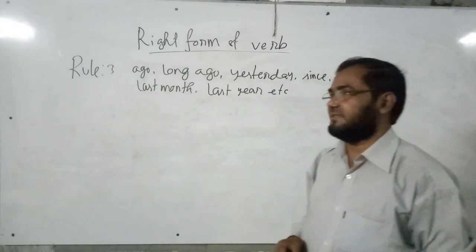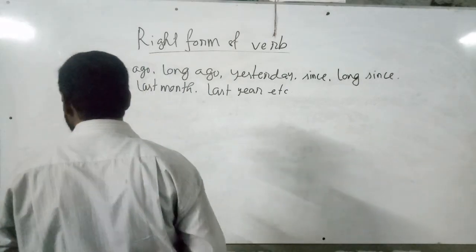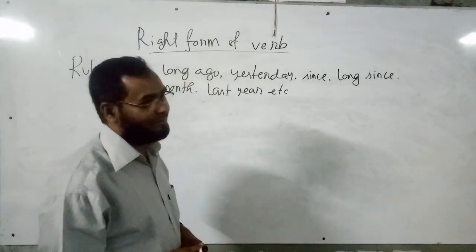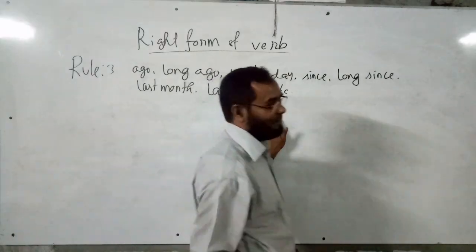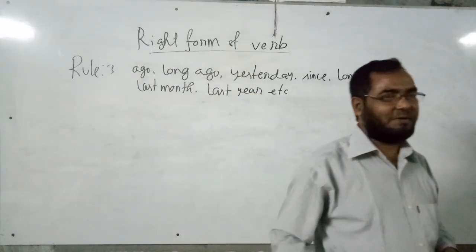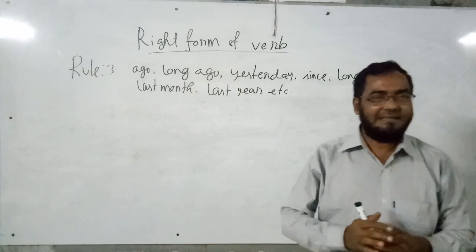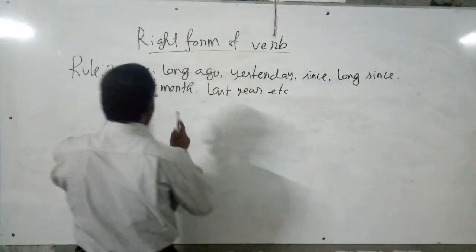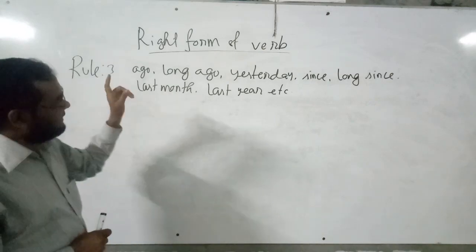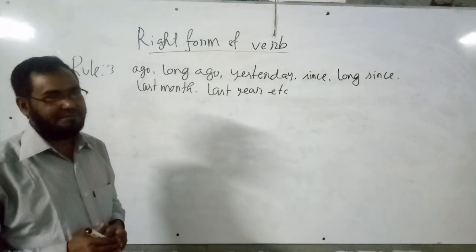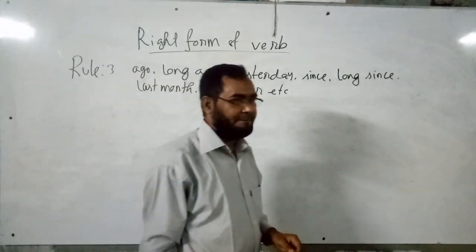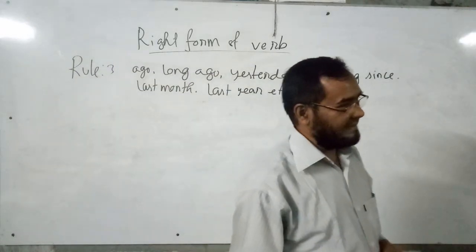That means the second position of verb. Verb 1 is the base form of verb, verb 2 the past form of verb, and verb 3 the past participle of verb. In these rules you have to use only the past form of verb, which is used in the past indefinite tense.